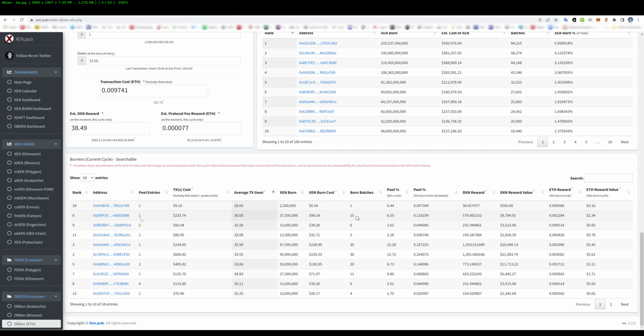He burned 15 batches, so it's a low number. When you do bigger numbers like 1000 or 1200, you will get some discount, so the price would be even less than calculated here at 30 GUI. But anyway, let's see what the cost would be at 30 GUI.